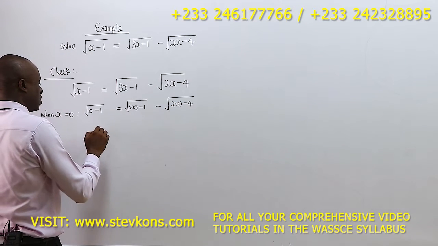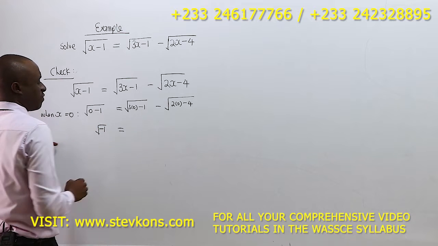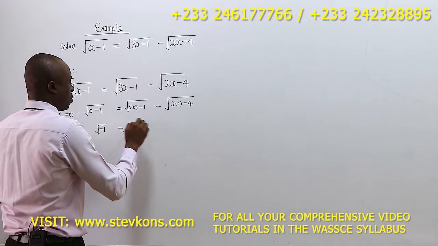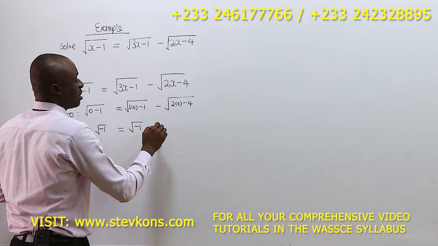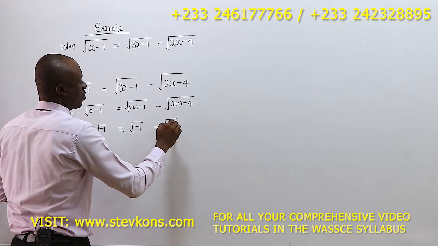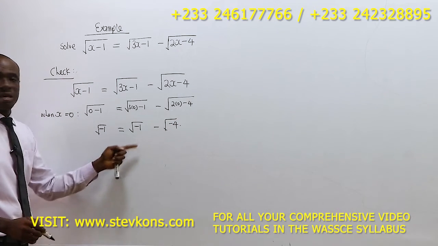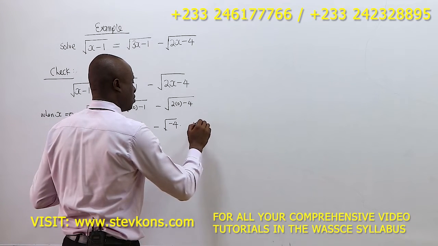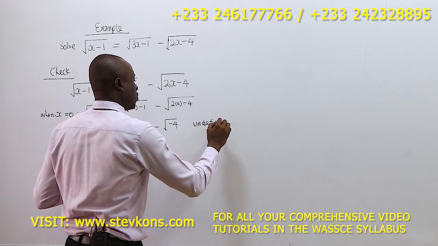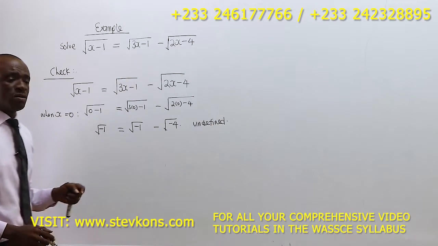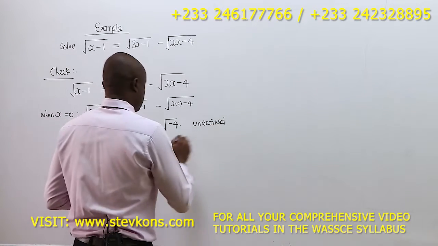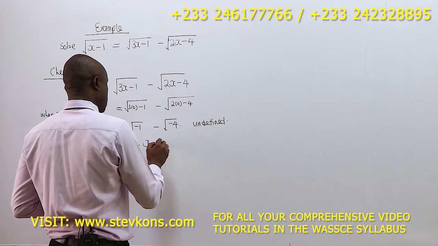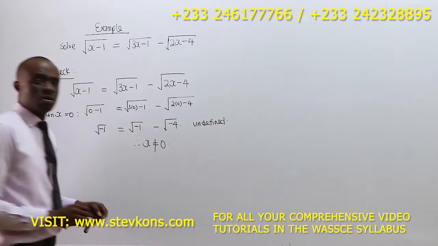And this is giving us root of negative 1 minus root of negative 4. And clearly, it's not the same. And even this is undefined, because root of a negative value is undefined. Therefore, x is not equal to 0.